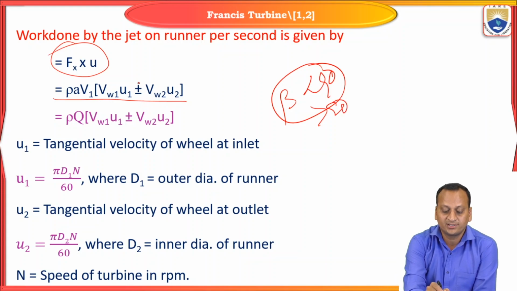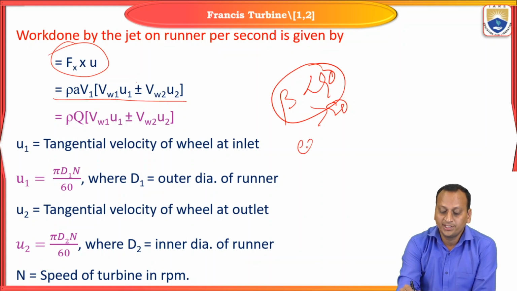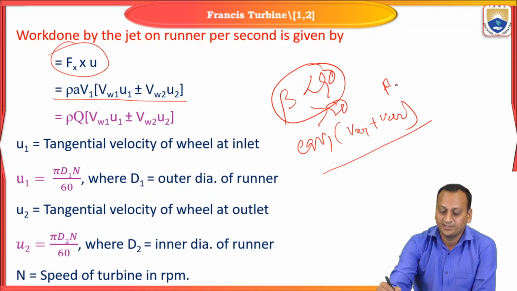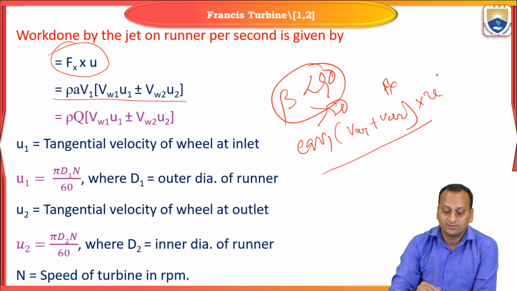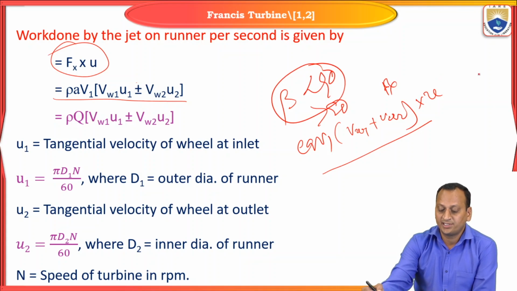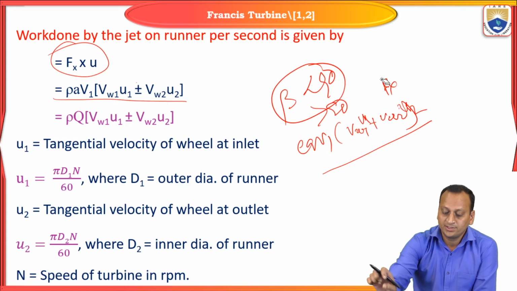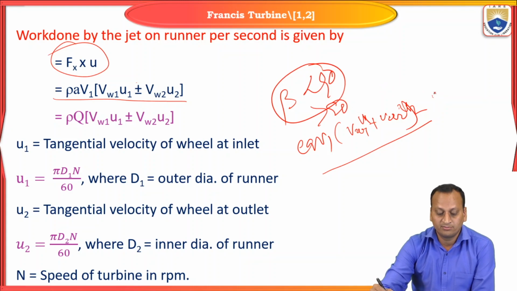That's why it is written as plus or minus. So rho a V1 into Vw1 plus Vw2 is the force Fx along the x direction, into u. We have two different blade velocities at inlet and outlet, therefore Vw1 into U1 and Vw2 into U2. This expression is for the work done.